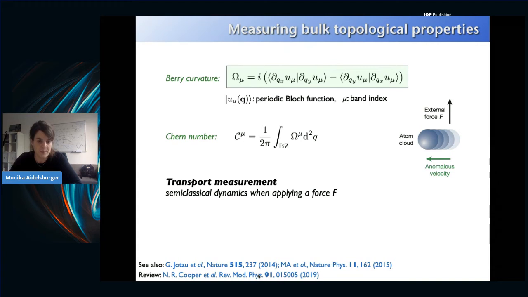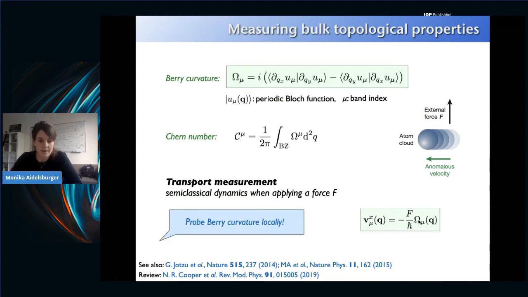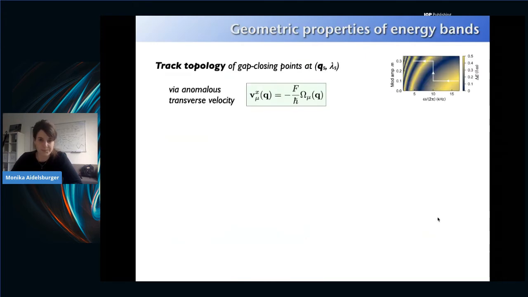We don't excite a fraction of the atoms to the higher lying band. And then we characterize the anomalous transverse velocity that we obtain when moving the cloud through a region in reciprocal space that is characterized by a non-zero Berry curvature. And this allows us to then probe a region of Berry curvature that is concentrated in quasi-momentum space.